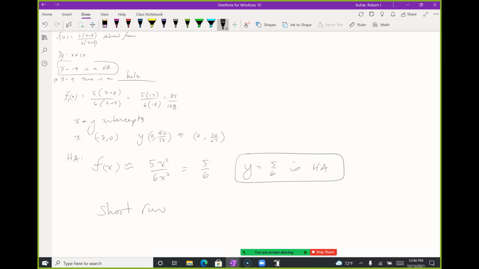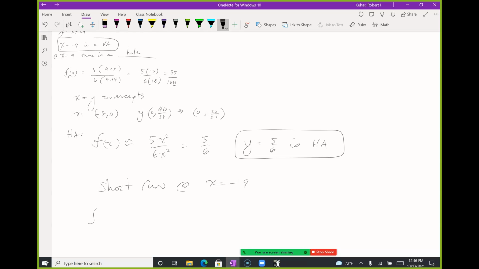Okay. So, but at negative 9, that's where the vertical asymptote is. I want to look at what happens when I plug into the reduced form at negative 9. So I get 5 times negative 9 plus 8 over 6 times x plus 9.